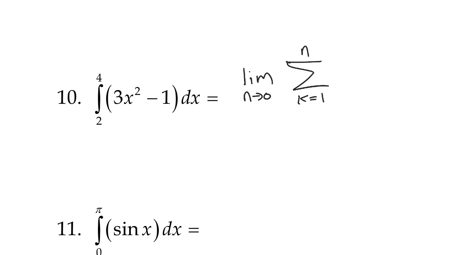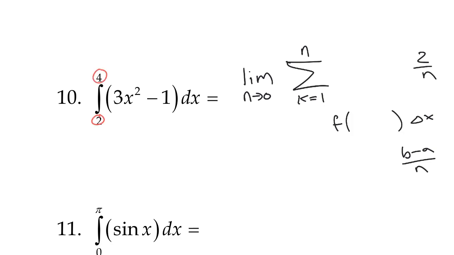And then I remember I have that kind of f of, and I have the delta x, the width, right? So to write the width, it's b minus a over n. b minus a is 4 minus 2. So I'm going to get 2 over n just by looking at the 2 and the 4.